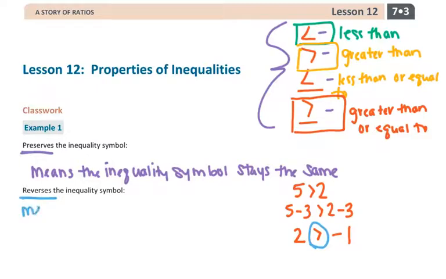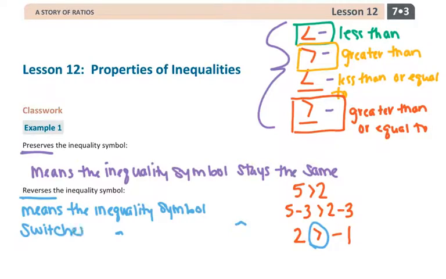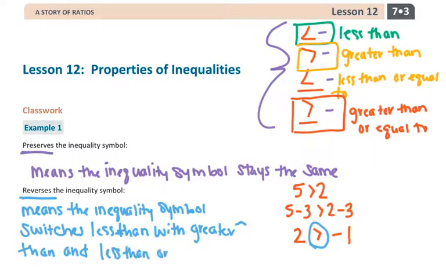It means the inequality symbol switches less than with greater than, and less than or equal to with greater than or equal to.